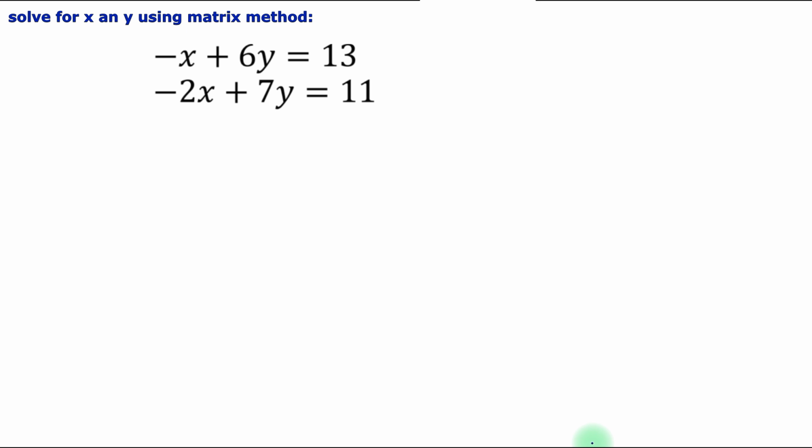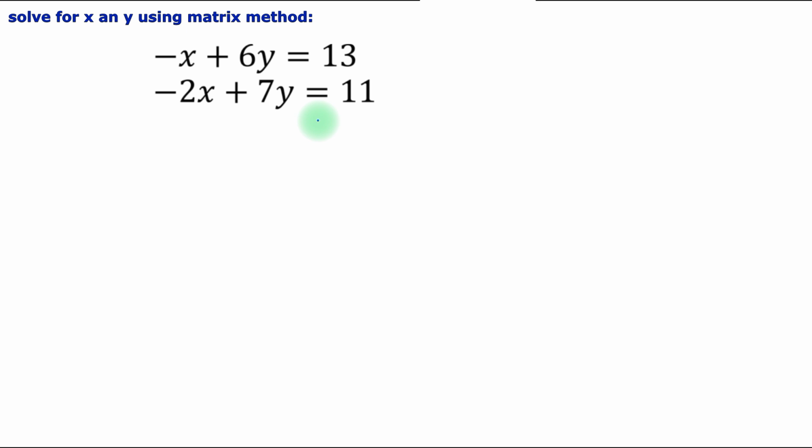So we are going to do this question which says solve for x using matrix method. We are going to use matrix method to solve for the value of x and also the value of y. One of the things I want you to notice is how we are going to write the simultaneous equation in a matrix form.